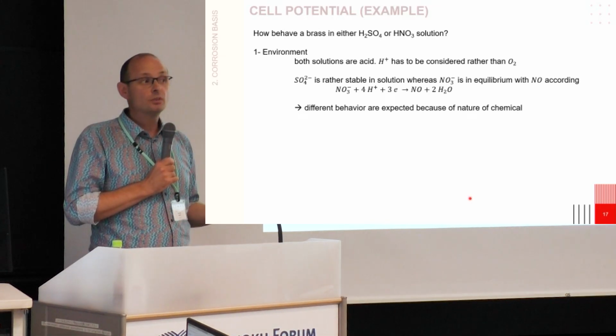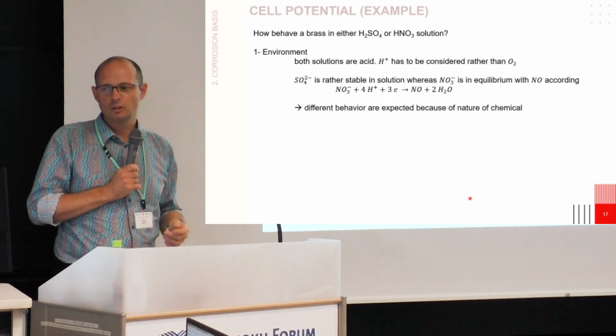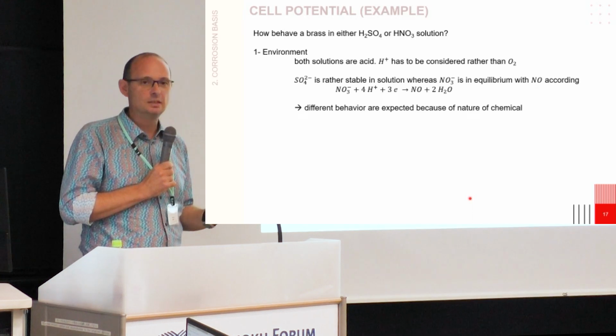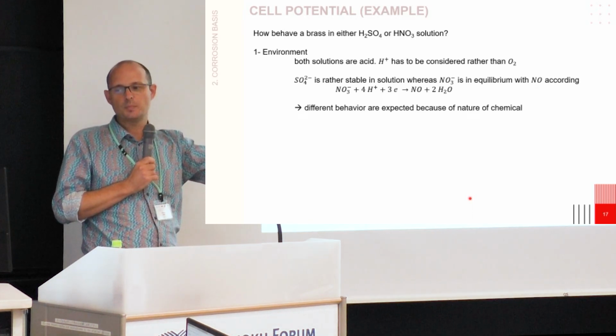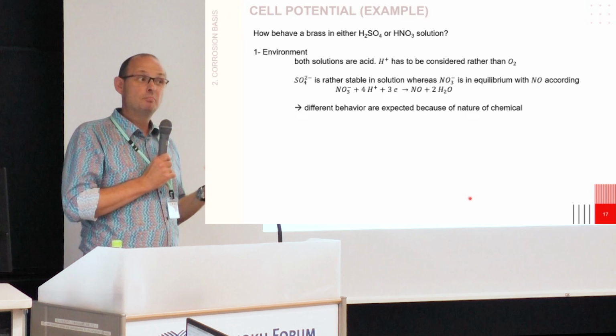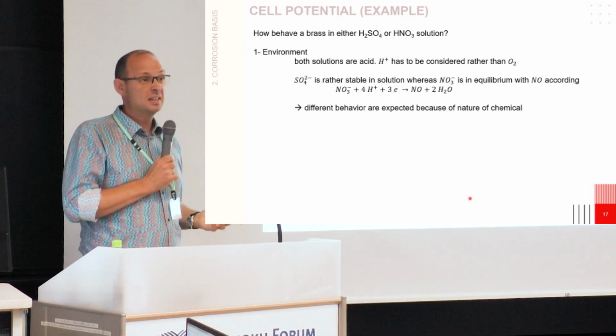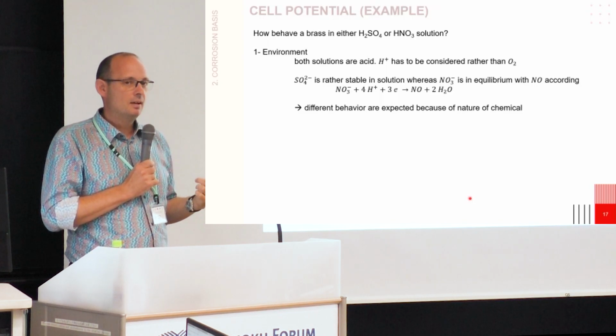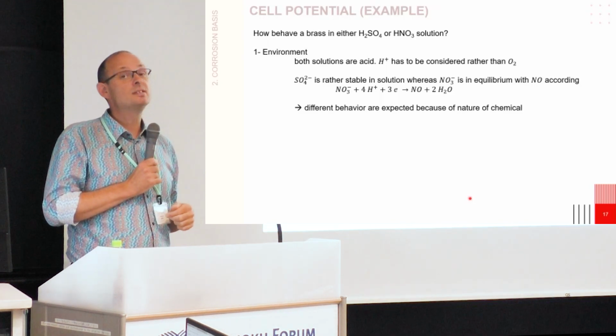First, have a look at the environment. What is the environment? Sulfuric acid, nitric acid, both are acids. That means there is H+. And because they are strong acids, H+ may react more rapidly than the dissolved oxygen.